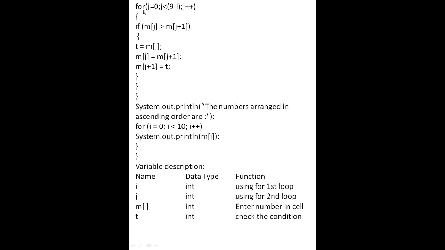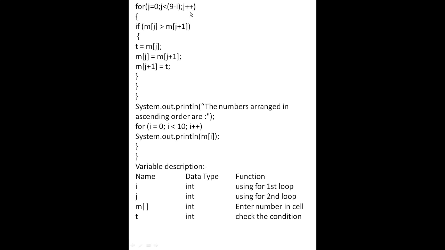Now the next loop for j, arranging those numbers. j is equal to 0, j less than 9 minus i, because 9 minus, first i started from 0, so 9 minus 0 is 9, then 9 minus 1 is 8, then it will search 8 numbers, the nth position is 8, then 8 minus 1, the 7th position, then 7 minus 1, the 6th position.